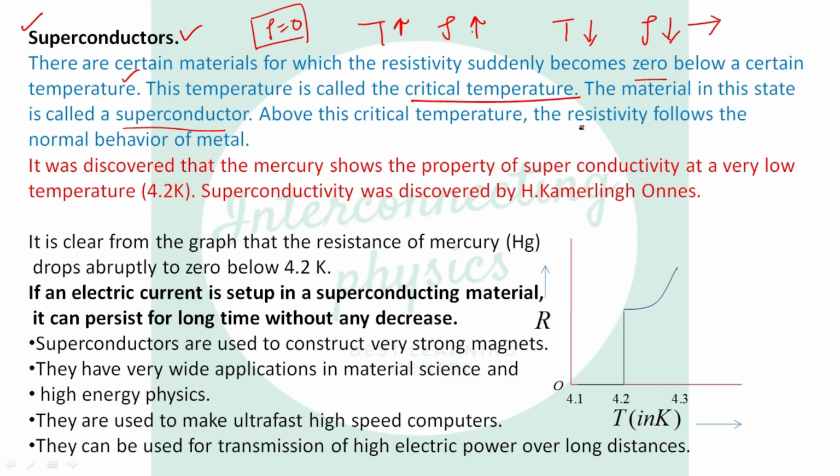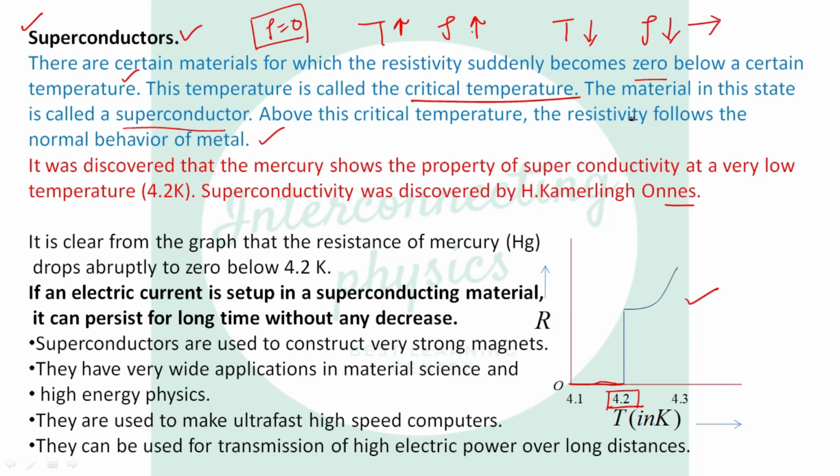Above this critical temperature, the resistivity follows the normal behavior of the metal, and it was discovered by H. Kamerlingh Onnes for mercury. He saw for mercury at 4.2 Kelvin temperature, the resistance suddenly becomes zero. You see here, here is the resistance, but at 4.2 Kelvin temperature, it suddenly becomes zero. It means below this temperature resistance is zero, but above this temperature resistance increases with increase in temperature.